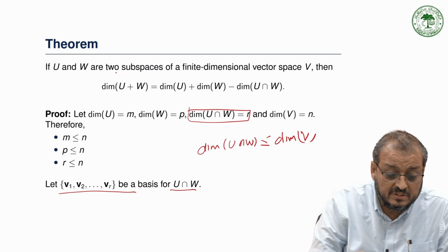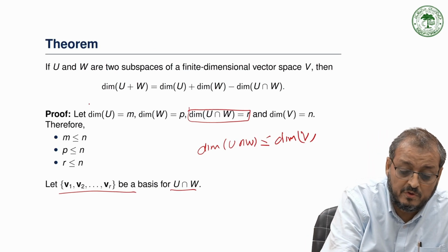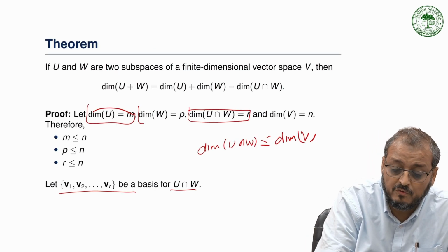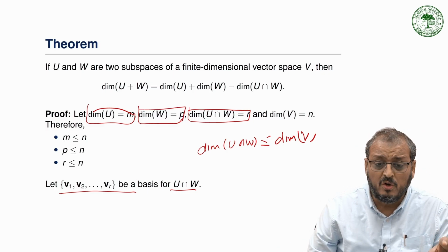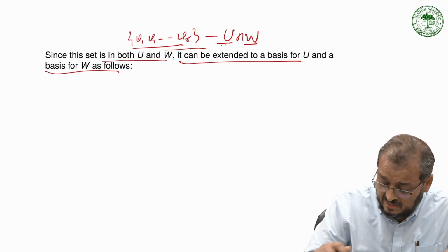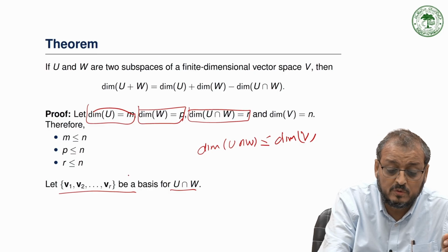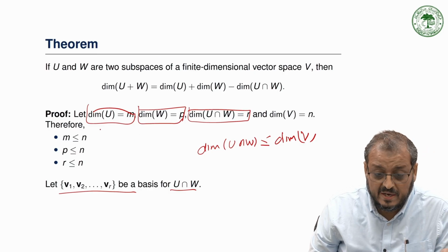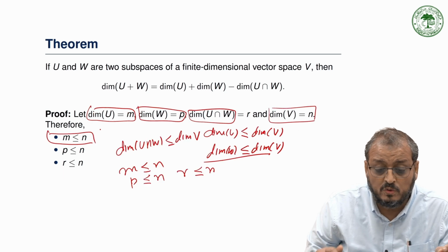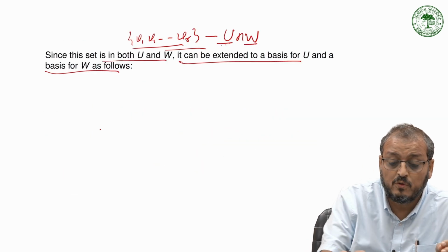Now the dimension of U is equal to M, and the dimension of W is equal to P. So we can extend the basis V1, V2, up to Vr in this form.